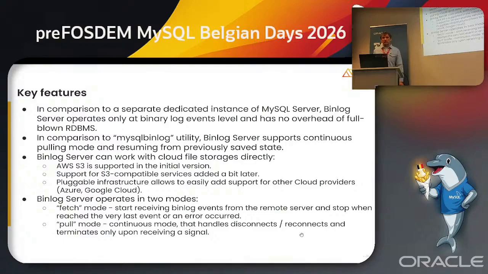Another one is continuous, called pull, where you can run this process in the background and it will continuously do all operations you want. Basically, it tries to connect, continue from the previous position, and if an error occurs, it pauses and tries to reconnect again.